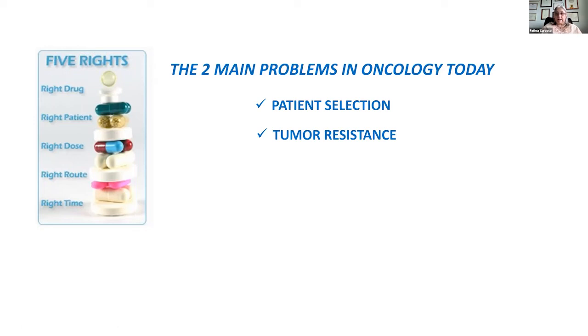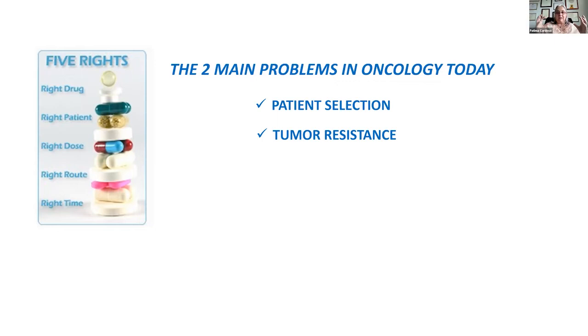So the two main problems in oncology, we can say, are patient selection and tumor resistance. So what does it mean, patient selection? I should have put, it's not exactly patient selection because we're not selecting the patient, we're selecting the treatment for the patient.